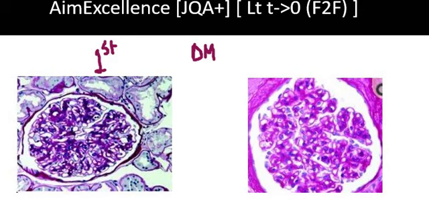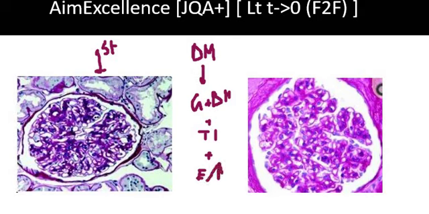In diabetes, many parts of the nephron are affected: the glomeruli, Bowman's membrane, the tubulointerstitial segment, and also the efferent and afferent arterioles.